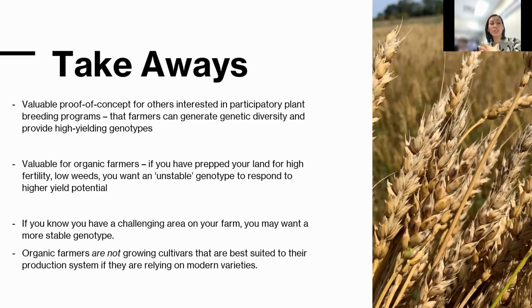However, if you have a very challenging area on your farm, which I know all of you can probably pinpoint right now, you might want something that's a little bit more stable with good yield potential, but is able to adapt a little bit better than those other high yielding genotypes. And this really drives home that organic farmers are not growing cultivars that are best suited to their production system if they're only relying on modern varieties.